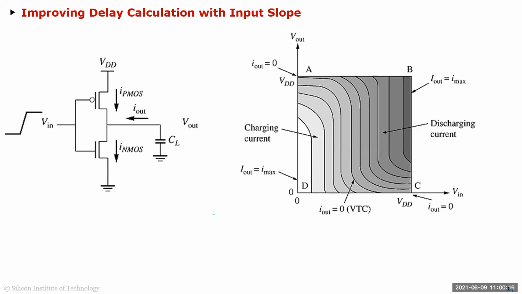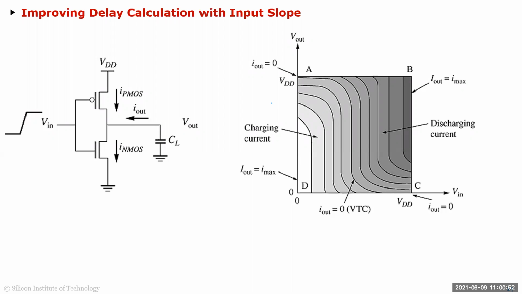So the .libs, which I'll try to go through one of the example ones on Friday, are a function not only of the output capacitance, but also of your input rise time. In these next 2 slides, I'm going to show you in principle why that's the case, and show you graphically. I think this is a great diagram in your book, which gives you a very nice intuitive feeling on why that's the case.